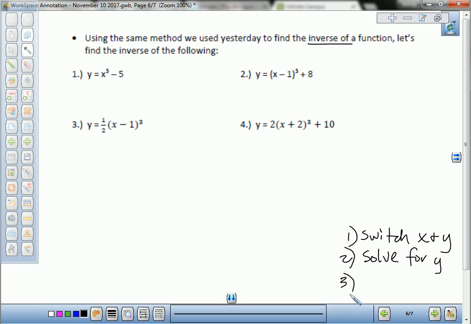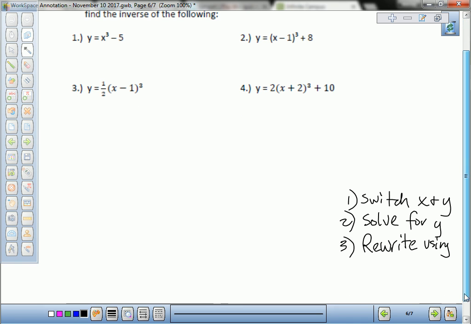And step 3, rewrite in inverse notation. So what do I mean by that? That means if you started off with a y equals function, the inverse you would write as y inverse. If we started off in function notation, f of x, we would rewrite f inverse.